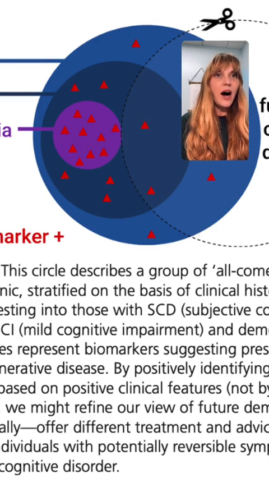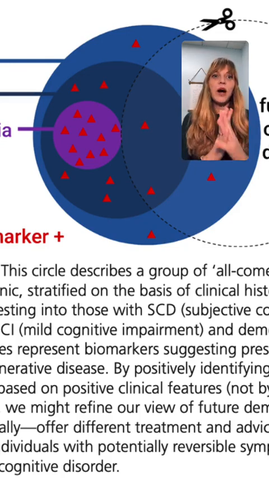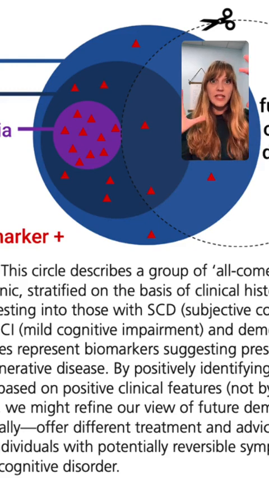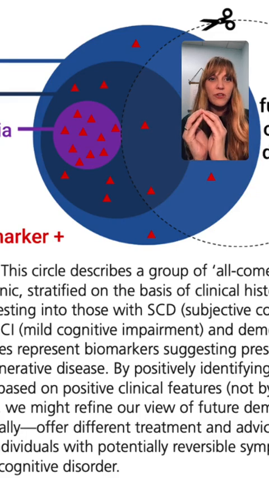Essentially what they were talking about here is all folks that come to a memory clinic, and they get stratified on the basis of having subjective cognitive decline. So that's the big circle. Some of those actually have a mild cognitive impairment, and then an even smaller circle of those have dementia.